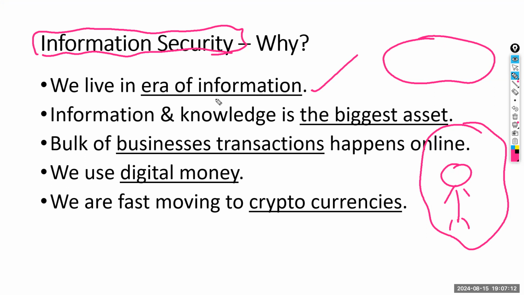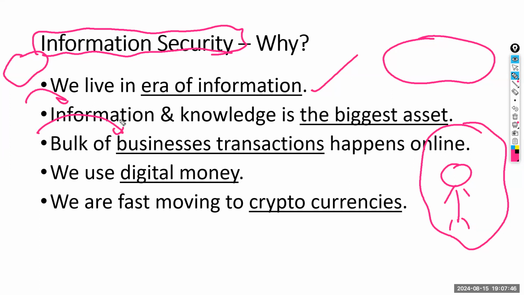Of course, the good news is your knowledge and information is mostly in your brain, which no one can steal. But at the same time, if you take an organization, they have a lot of information in their information systems. And also the bulk of the transactions, economic activities are related to information. So therefore, we need to secure that also as part of securing the financial aspects.